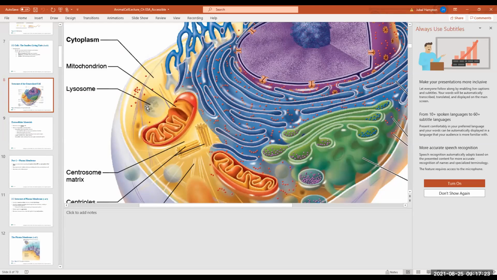For instance, my personal favorite enzyme. I don't know if I've mentioned my personal favorite enzyme on here, but I will type it in. This is my personal favorite enzyme: alcohol dehydrogenase.